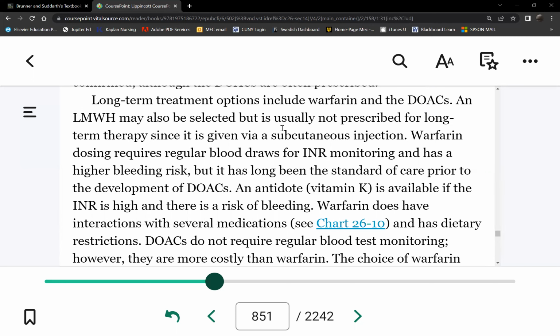Are there any diet restrictions? Warfarin has the diet restrictions. There are none for heparin, and none for the DOACs, the factor 10A inhibitors. DOACs also have no blood monitoring either.